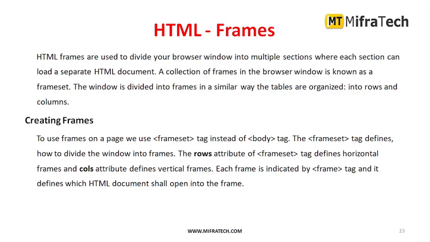The frameset tag defines how to divide the window into frames. The rows attribute defines horizontal frames and the cols attribute defines vertical frames. Each frame is indicated by a frame tag and it defines which HTML document shall open into the frame.